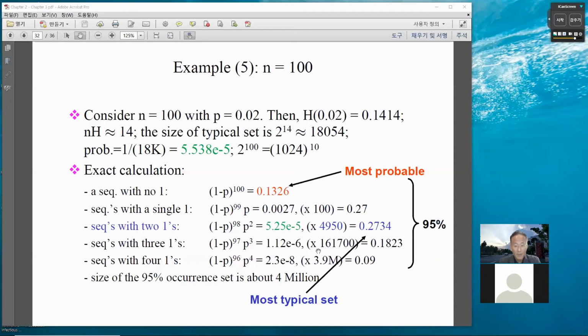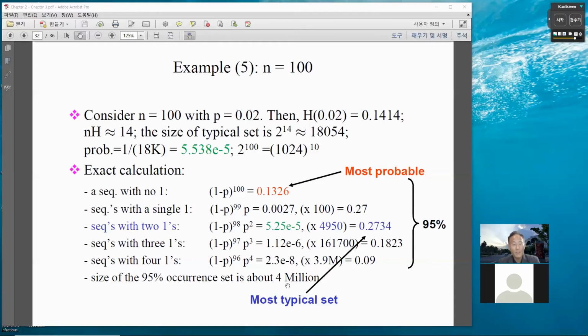So if we gather up typical sequences, plus epsilon and minus epsilon, you can gather them up to 95%. Then the size of the typical set reaches up to a million.